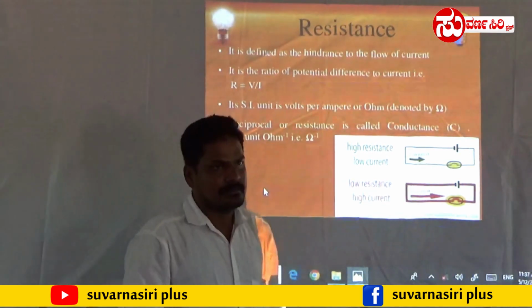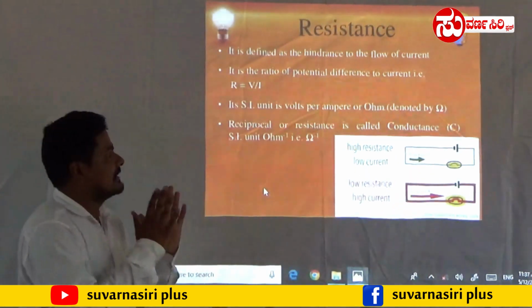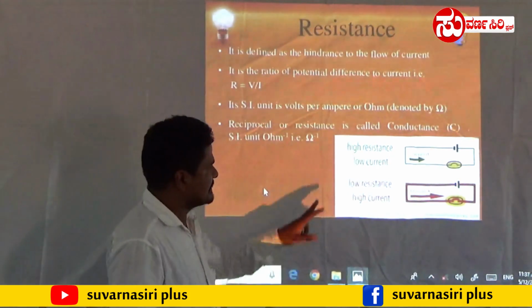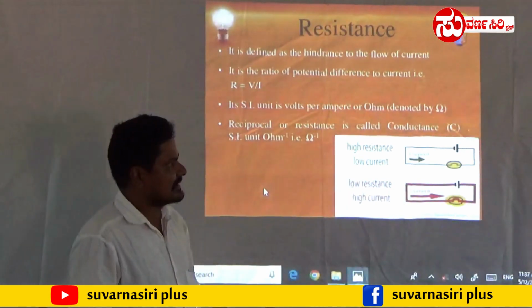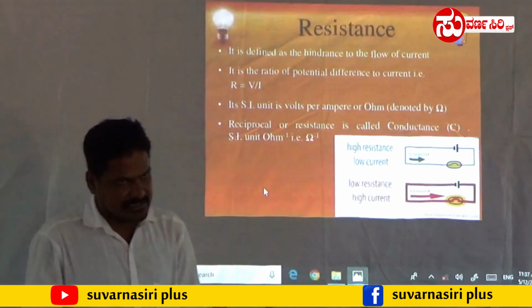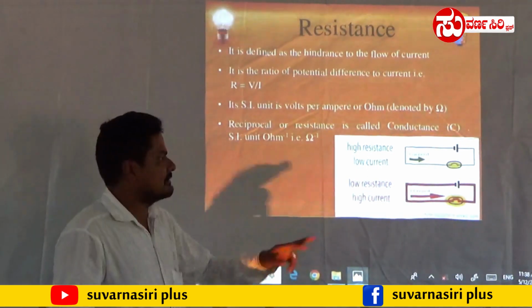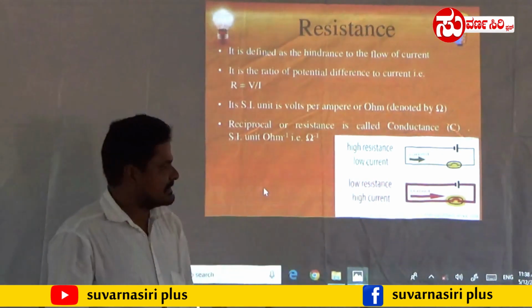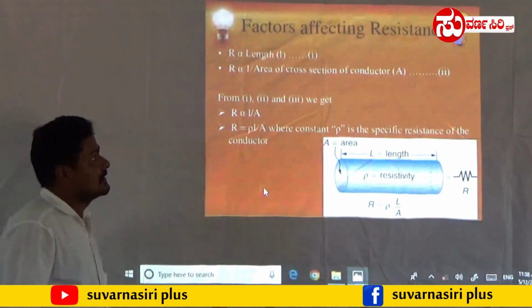Highest resistance means low current, lowest resistance means high current. For example, if resistance is high, the current is very low. If resistance is low, the current is very high. So this is about resistance.